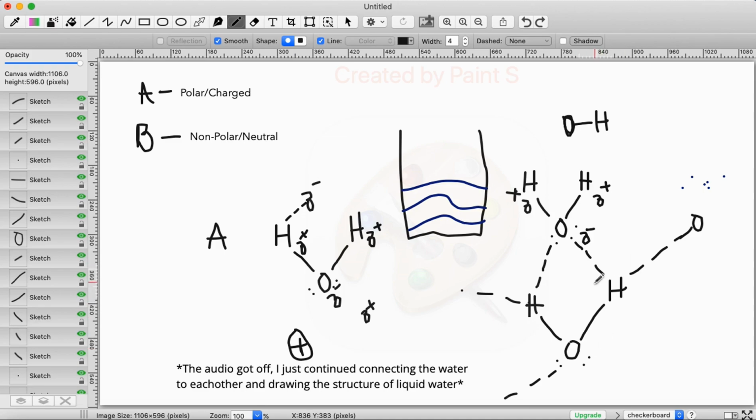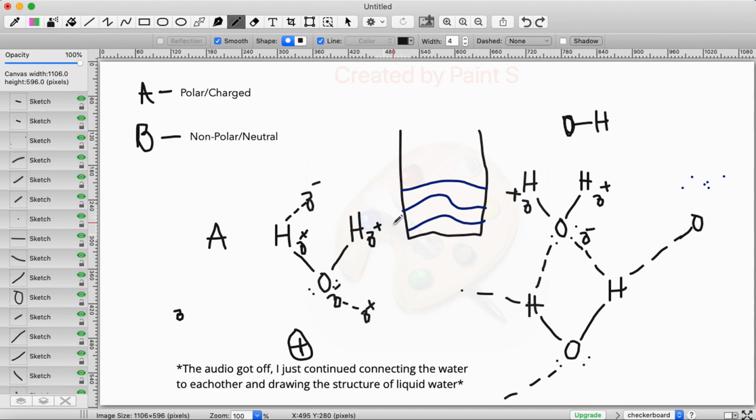The reason they separate this from other types of bonding is that you can also have positive to negative, not with hydrogen as the positive and oxygen as the negative, but with something else. You can have an interaction because you have the positive and negative.